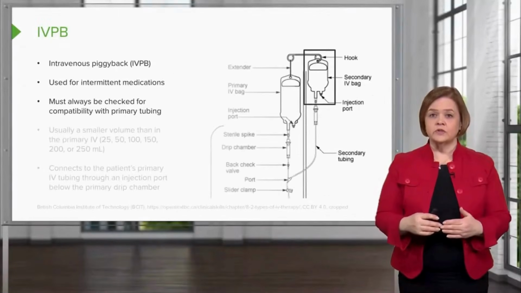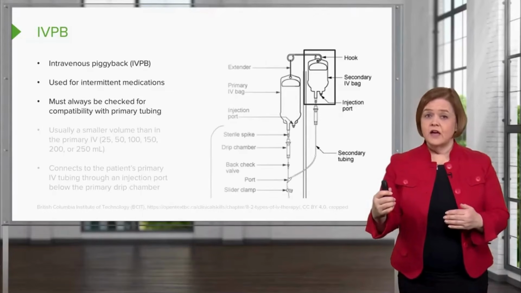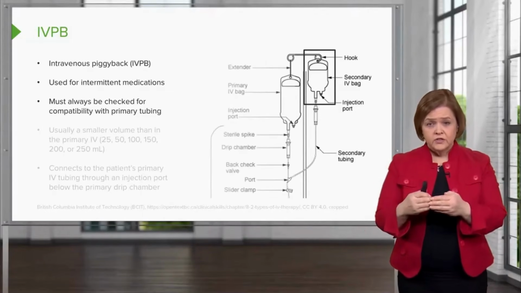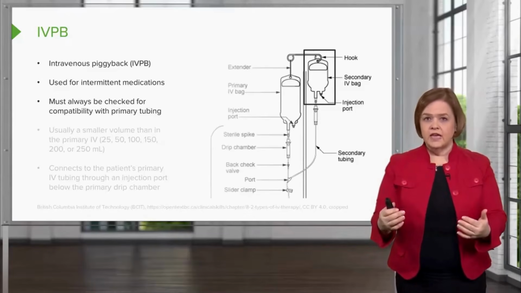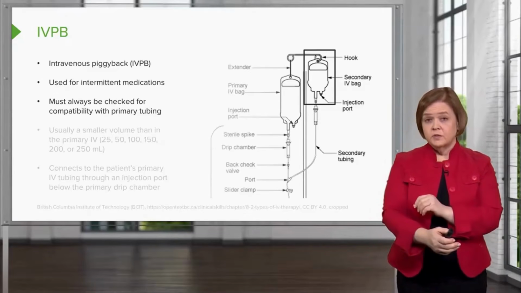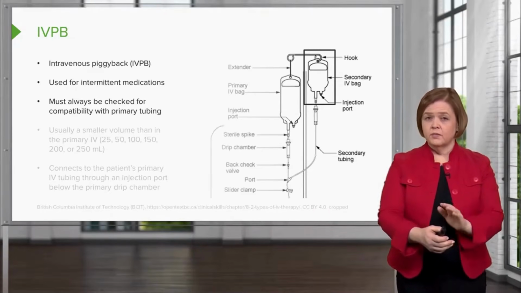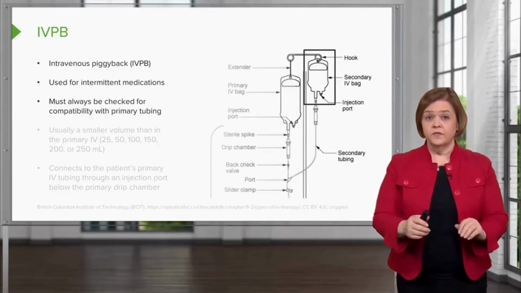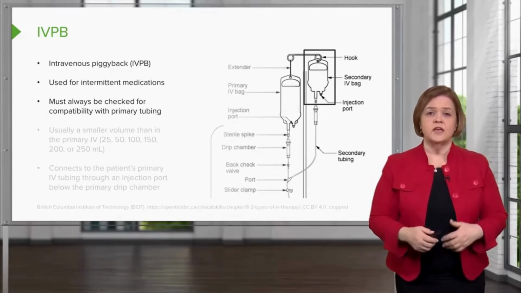That's really important because if it's not compatible, it could cause a precipitate, or it could cause an interaction in the medications. If it causes a precipitate, you're going to end up putting that right into the patient, which could cause problems with clots. So you want to make sure they're compatible, that the medications won't work against themselves, and it won't develop something like a precipitate.